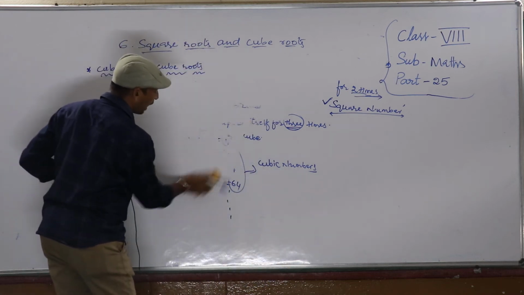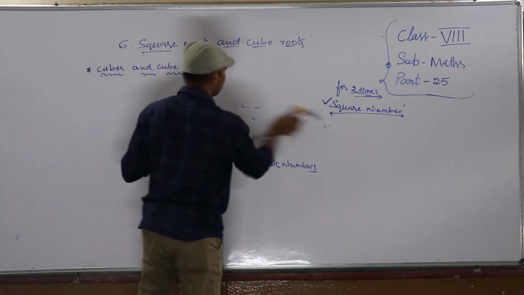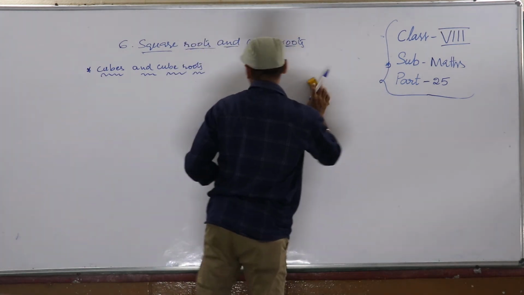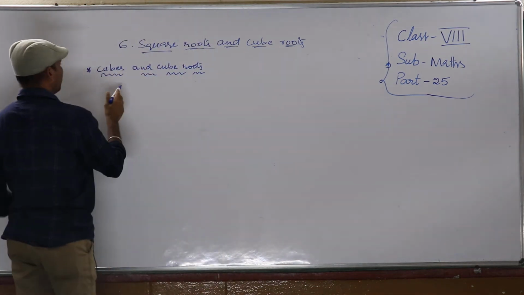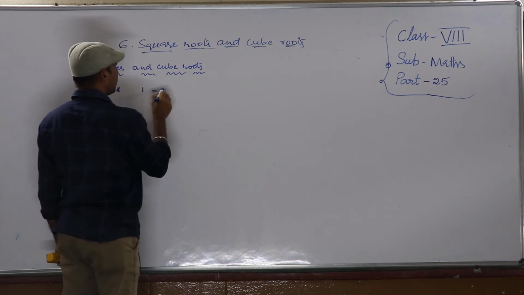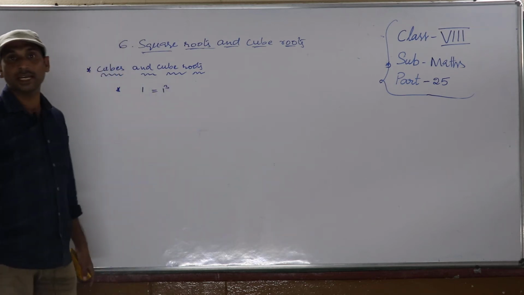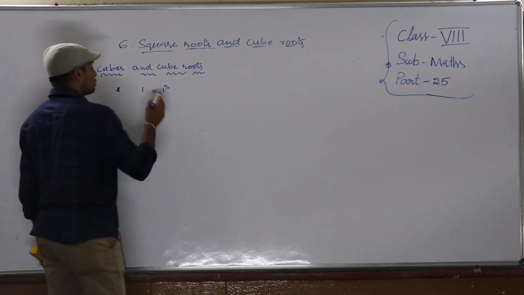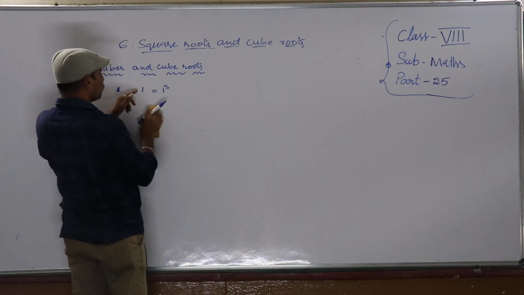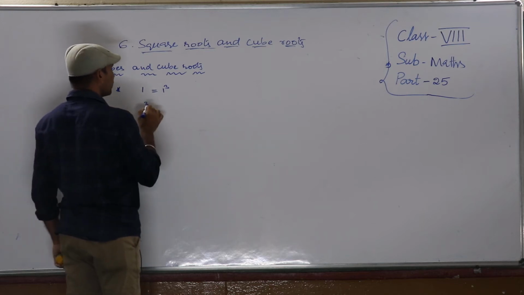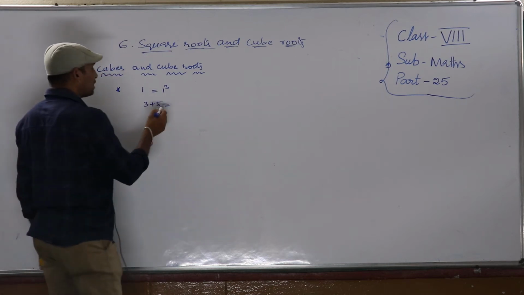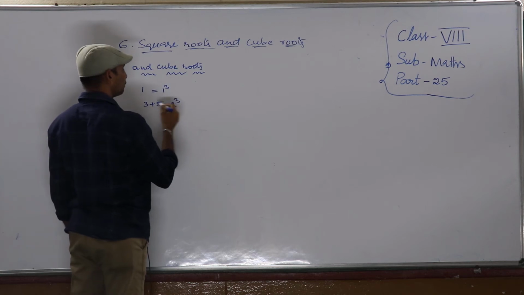So here also we are having interesting patterns. Let us discuss one pattern. Observe carefully. Here 1, we can write 1 cube. Then 1 plus, next 3 odd numbers I am taking: 3 plus 5, 8, means 2 cube.